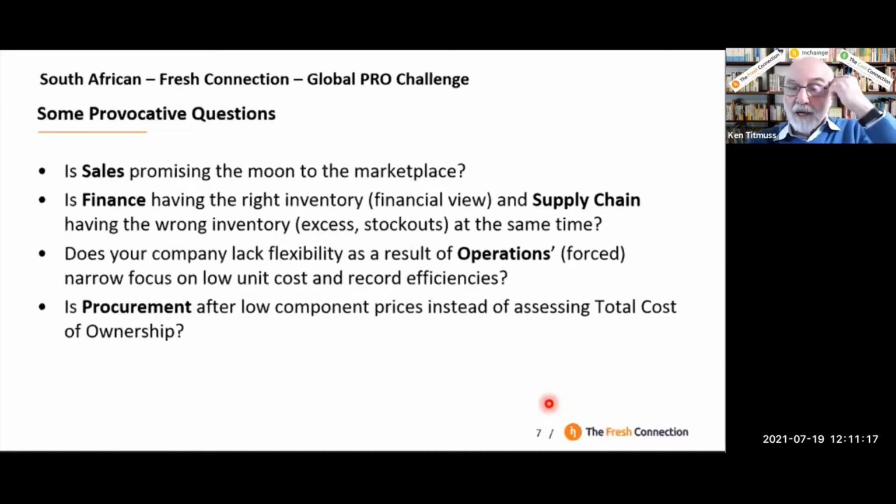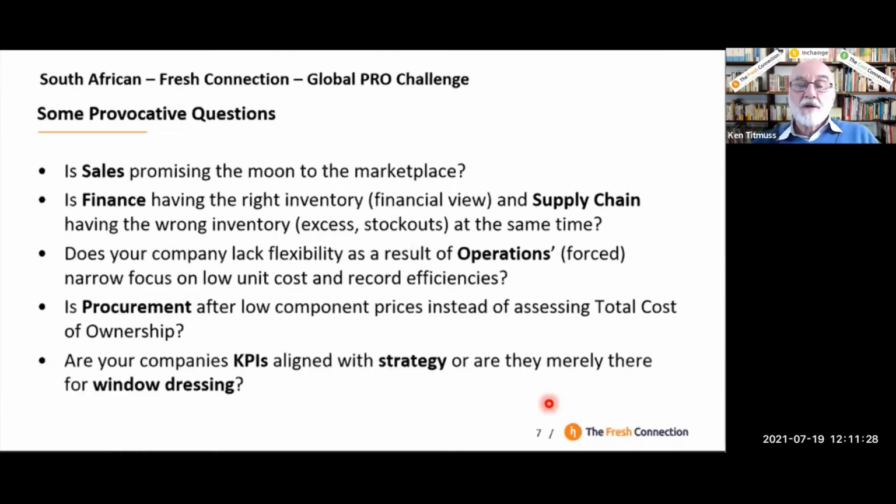So they're out there buying low value, high volume components to try and keep the cost down. And so we don't have alignment of our strategy in our business. And not only that, but I find in many businesses the KPIs are not correct. They're measuring the wrong things that don't support the strategy.